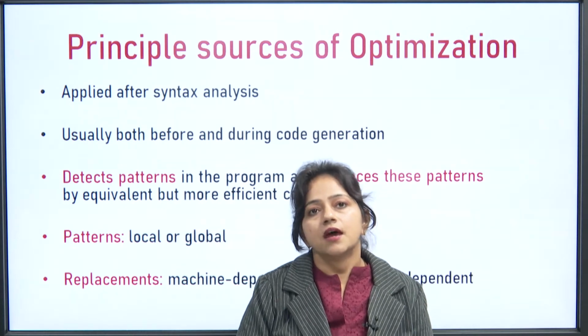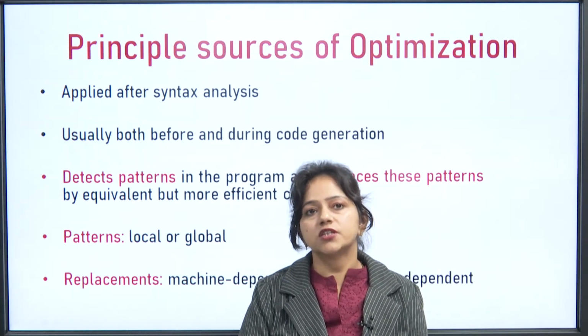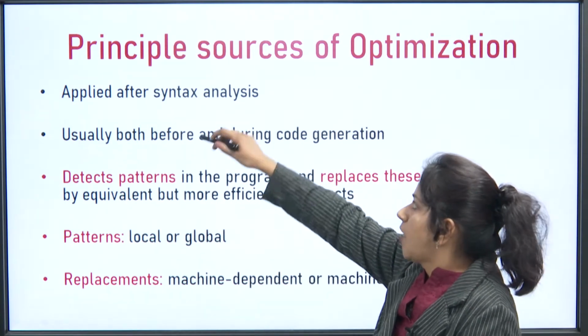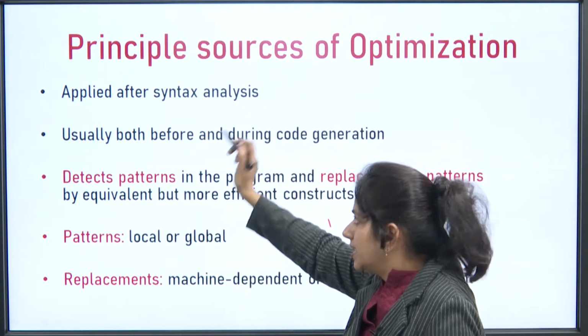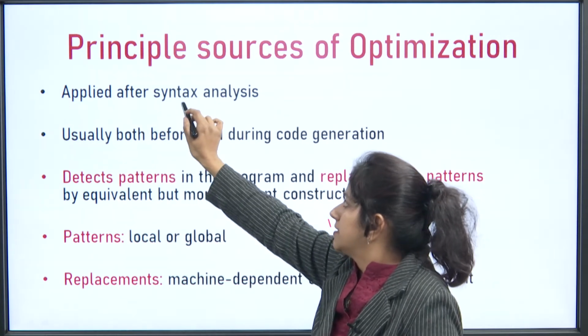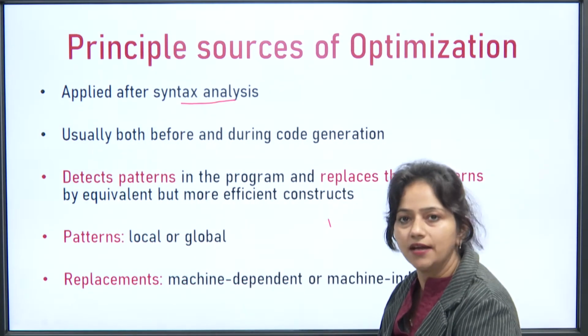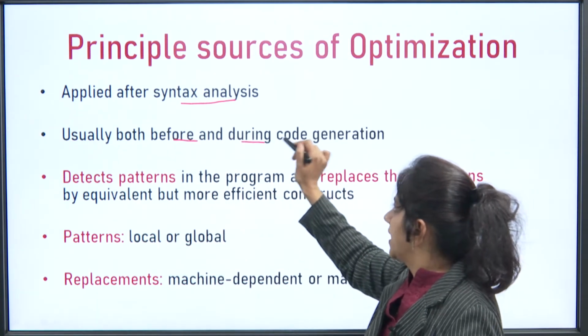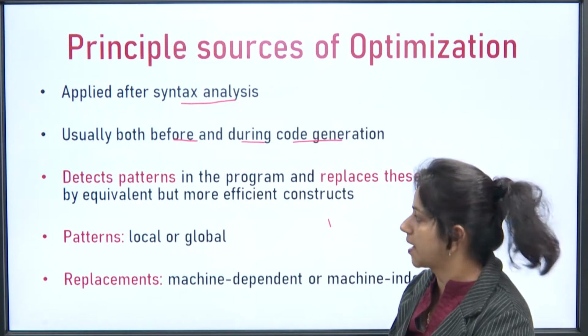Now, next is what are the principal sources of optimization. Optimization is generally applied after syntax analysis. It is also applied before and during the code generation phase of the compiler.